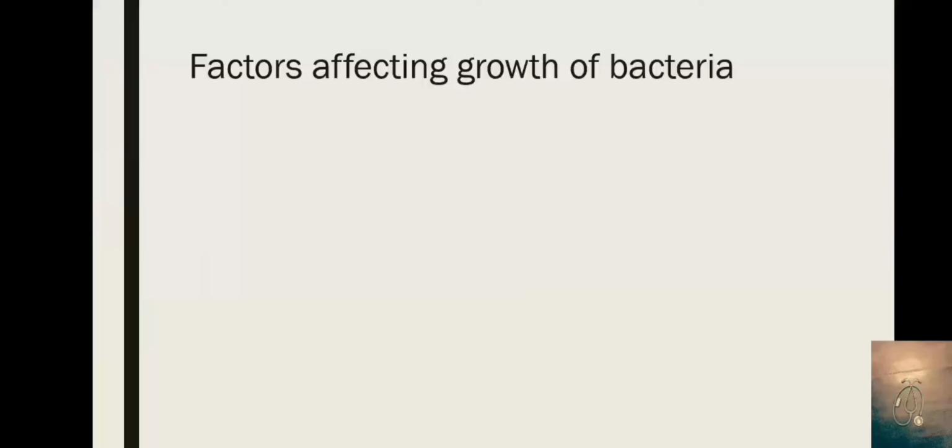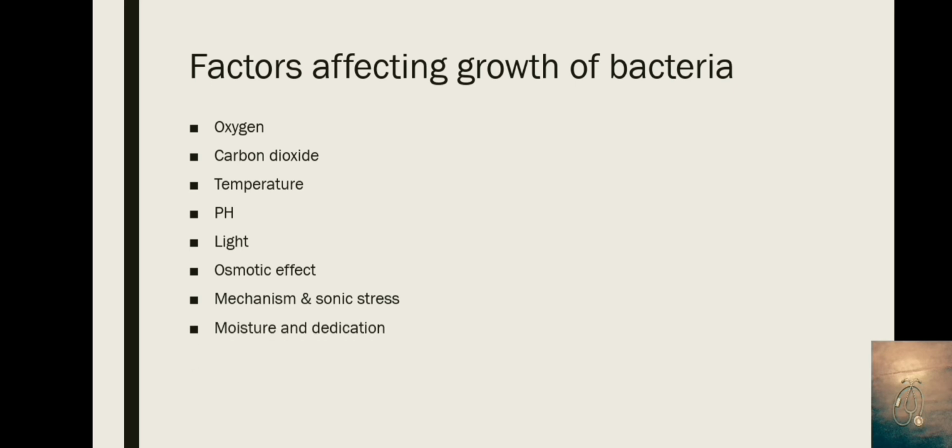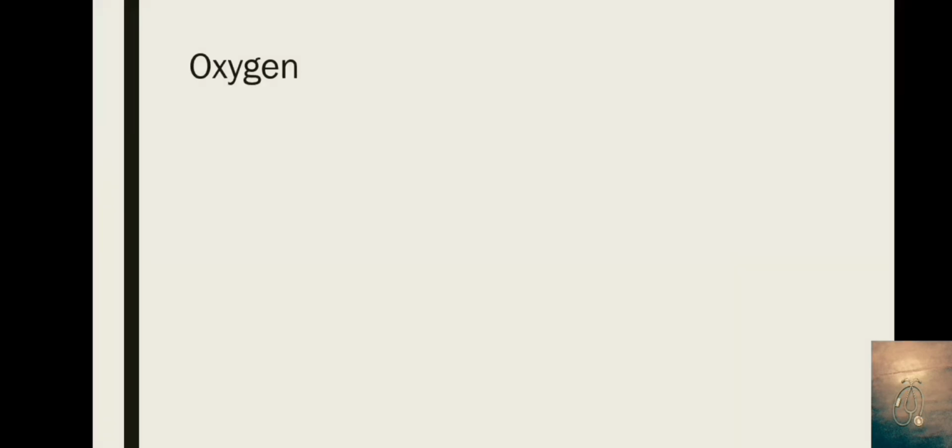Coming to factors affecting growth of bacteria: oxygen, carbon dioxide, temperature, pH, light, osmotic effect, and mechanical and sonic stress. These are all factors affecting growth of bacteria. First, oxygen. Some bacteria grow only in the presence of oxygen, called obligate aerobes.